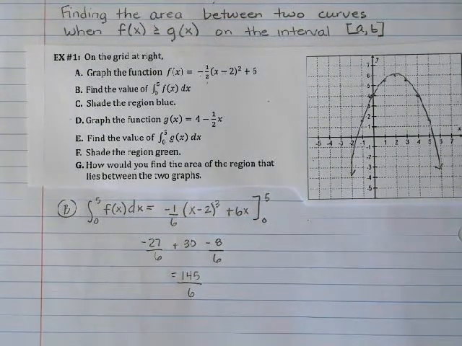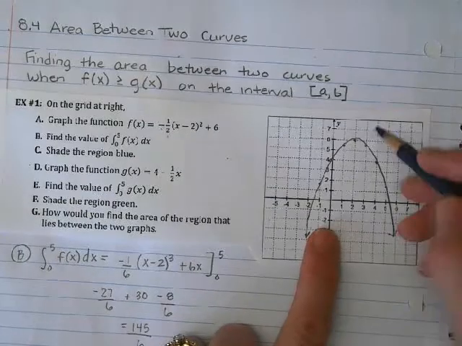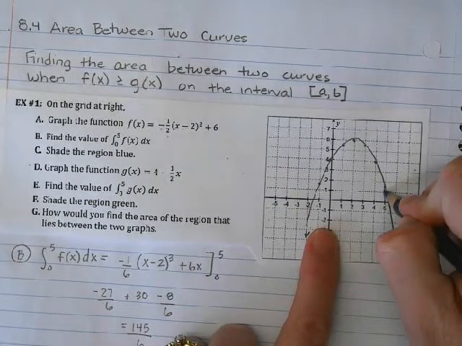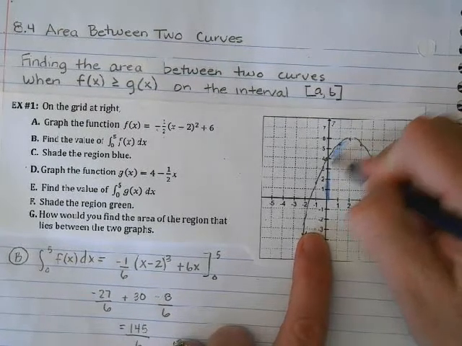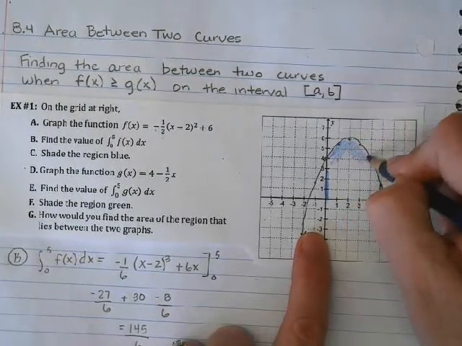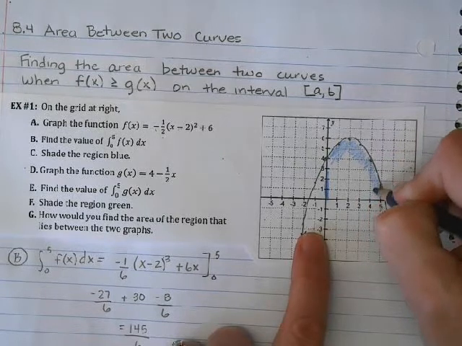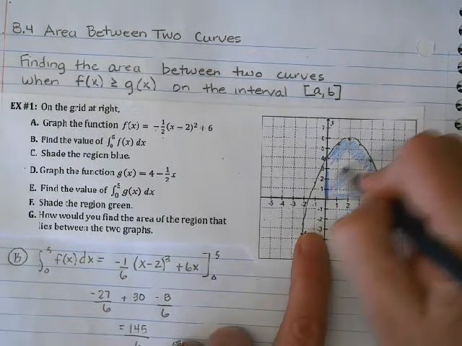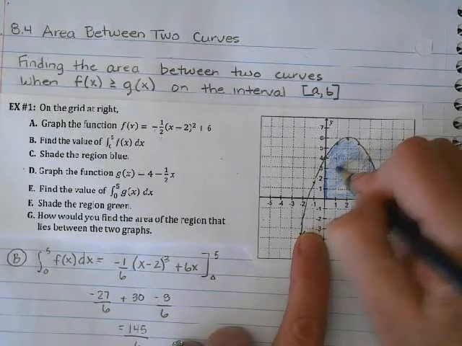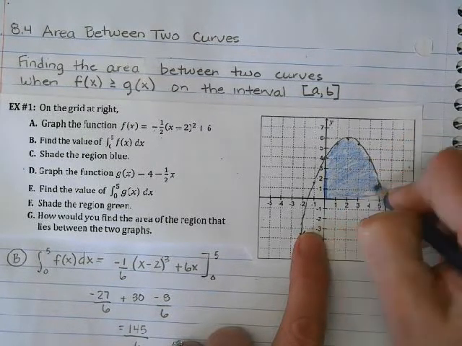Okay, and we are going to shade this region blue. Okay, so I only went from 0 to 5. So I'm going to do it kind of light colored. Okay.